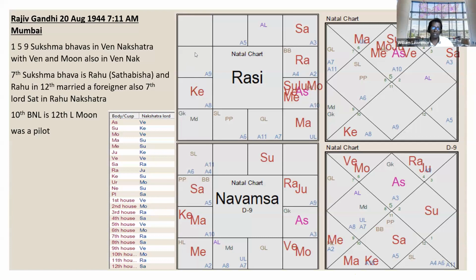See the 7th nakshatra: he married a foreigner. What is the reason for that? 7th lord in the 11th house. But the 7th nakshatra lord is Satabhisha, Rahu. Yes, the 7th lord Saturn is also in Aridra, Rahu, and that nakshatra lord is in the 12th house. So you see, it's not just a foreigner, it's also a different caste. Why? Because the nakshatra lords are in the 12th house.